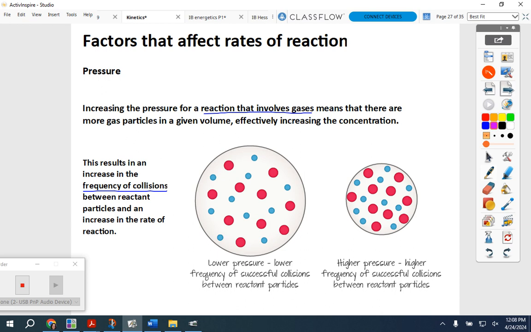There are going to be more of them next to each other, more of them able to collide with each other. Okay, so it's the same concept. The pressure's effect on reaction rate is exactly the same as concentration effect. It's just looking at it from a different perspective. Instead of particles in the solution, we're talking about gas particles in the reaction space.